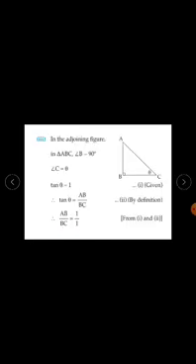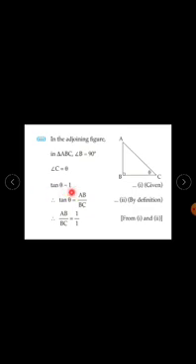Now in the third sub question, tan theta is given as 1. Find sin theta and cos theta. Again you can use the first method. In the adjoining figure, in triangle ABC, angle B is 90 degrees, angle C is theta, and tan theta equals 1 is given.